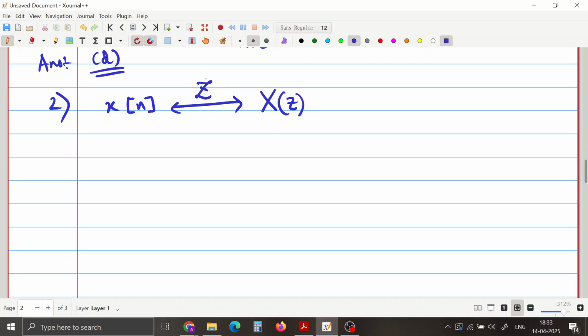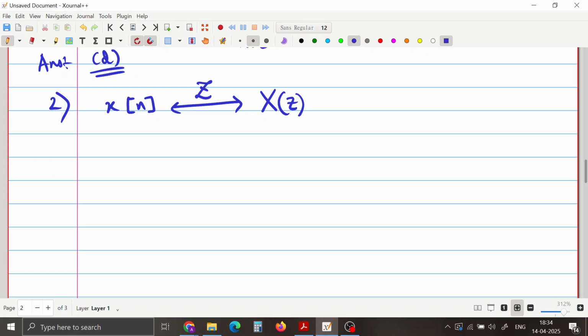The script Z means z transform: if you take the z transform of x of n, you get capital X of z, and if you take the inverse z transform of capital X of z, you go back to small x of n.